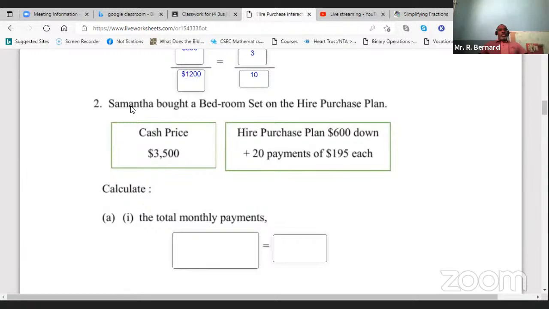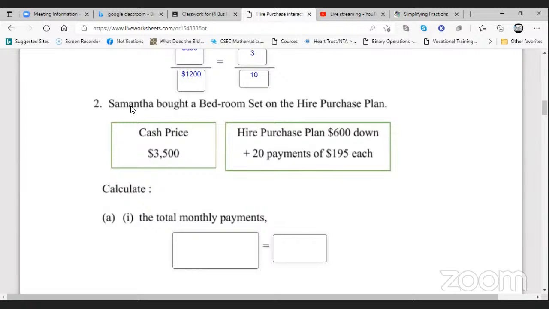All right, Gabriel, could you read from it, please? If you're going to understand what to do when you get the worksheet, you have to write. Samantha bought a bedroom set on hire purchase plan. Cash price 3,500. Hire purchase plan 600 down plus 20 payments of 195 each.